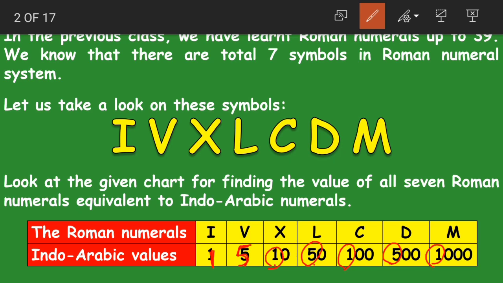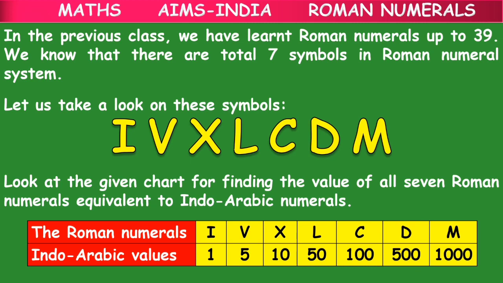The difference here is that in the first two numbers we do not have any zeros. For the next two we have 1 zero each, and then we have one more zero. Here no 0. Here 1 zero. Then again 2 zeros. The zeros are increasing. Understood, children?